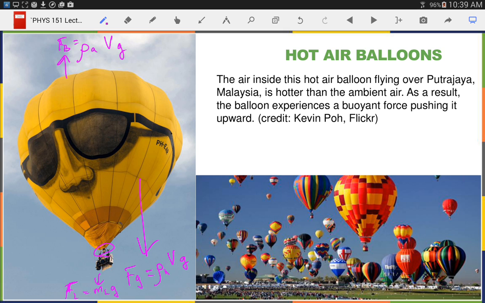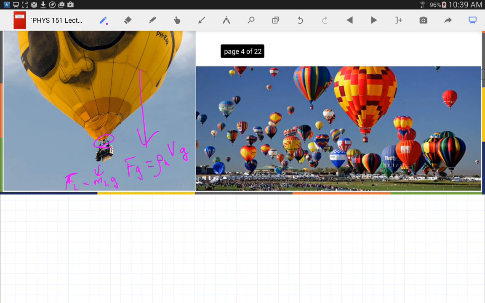So now we can say the sum of the forces on the balloon in the y direction, I'll define y as the vertical direction, is equal to my upward force, which was the buoyant force, minus the downward forces, the force of the load and the force of gravity.